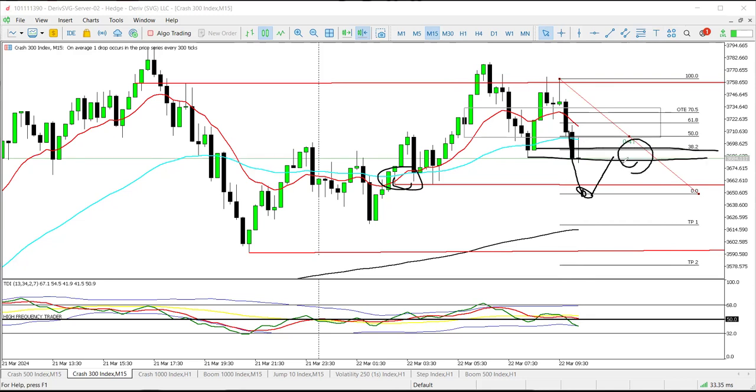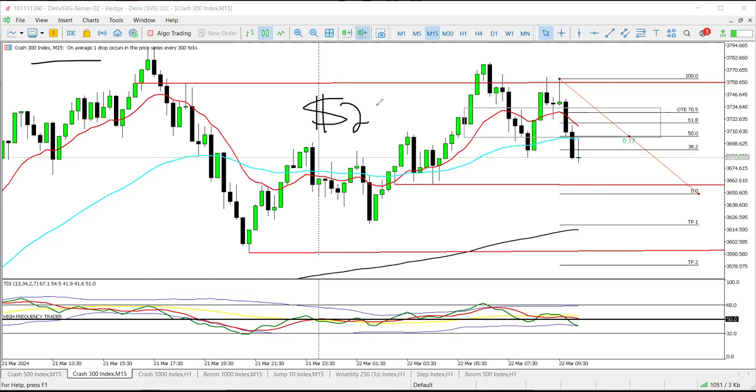As soon as I get any confirming candle here, I'll be looking forward to actually take sells on C300. So I'll be actively stalking C300. And if you've got an account which is $100 plus, if you're trading C3, you can risk at least $20 to $25 to make at least $50 to $100.